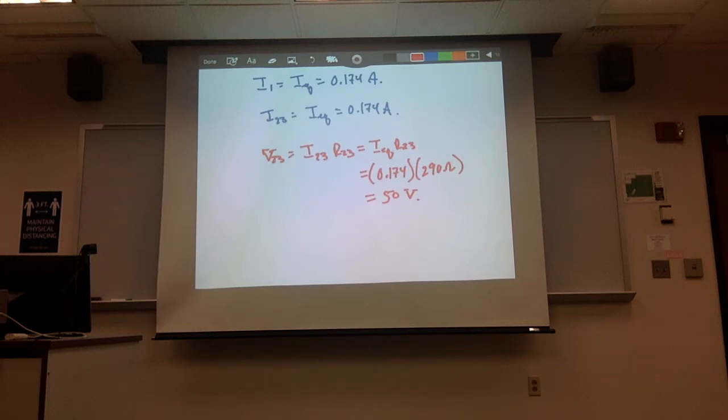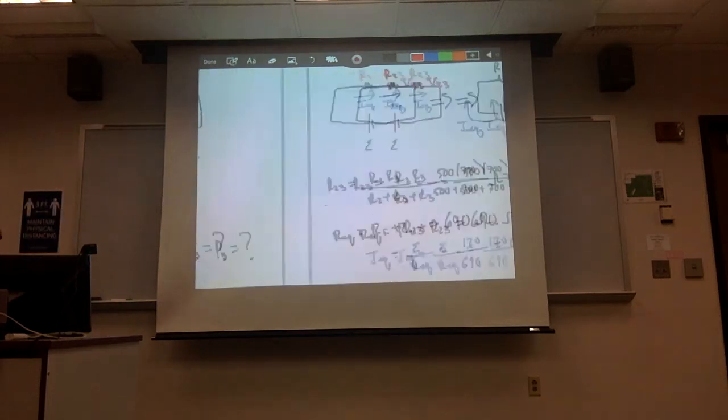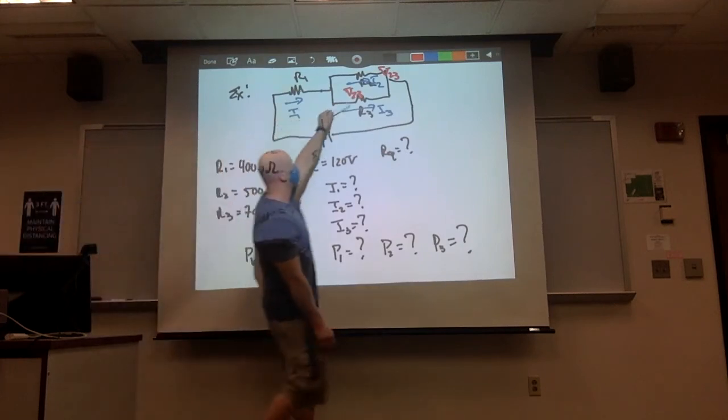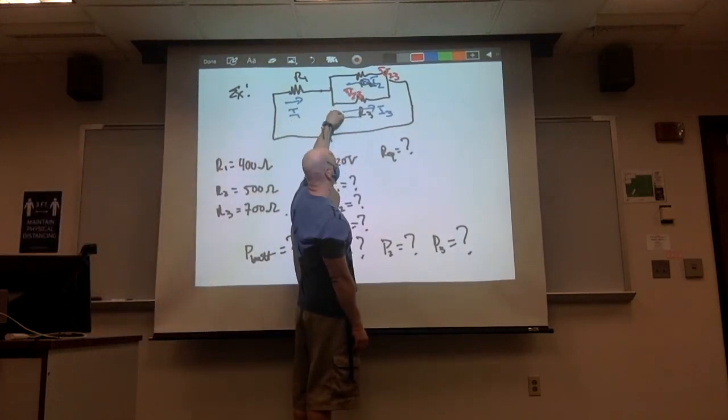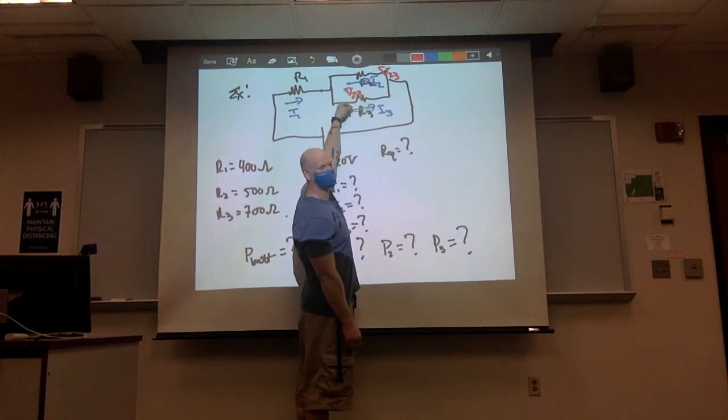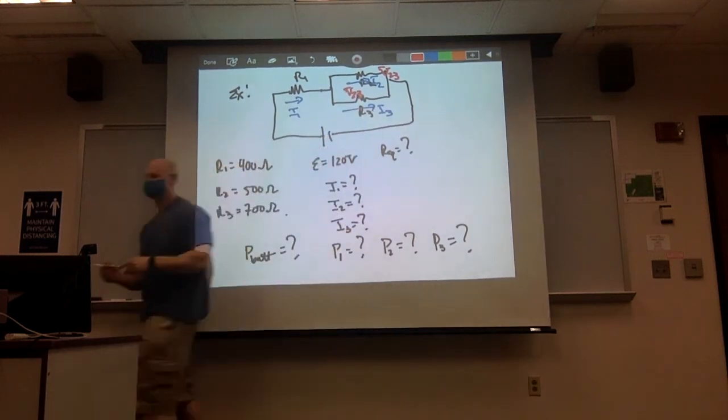Good. Now, since I know the potential across each of these, and I also know the resistance R2 and the resistance R3, I can now finally find I2 and I3.